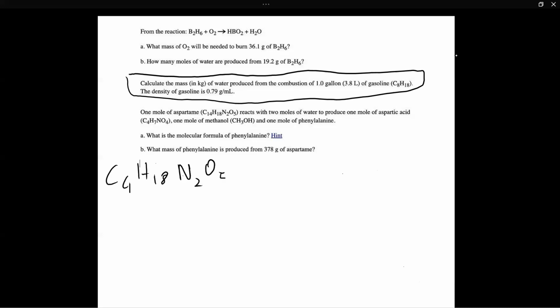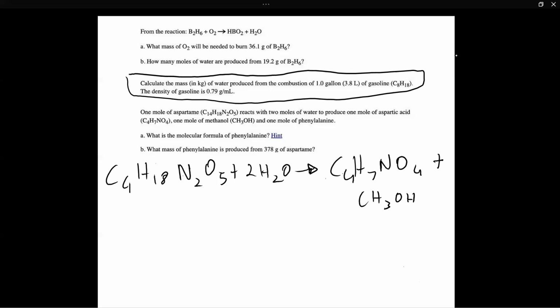C14H18N2O5 plus 2H2O gives us C4H7N4 plus CH3OH plus our phenylalanine, for which we calculated the molecular formula earlier, C9H11NO2. So what is the mass of phenylalanine produced from 378 grams of aspartame?